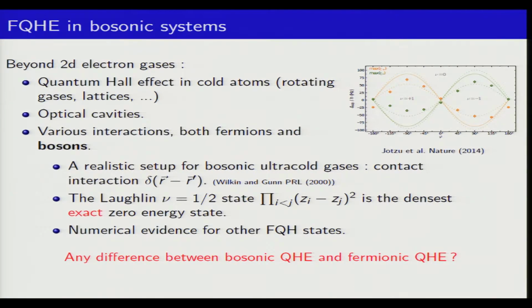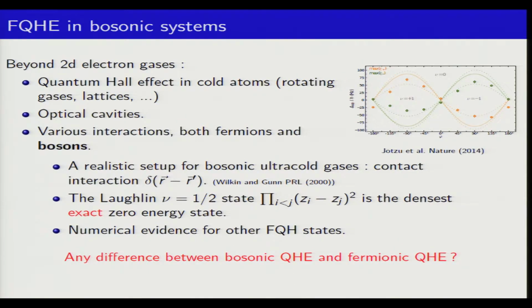But there are proposals beyond electron gases. I think it goes back to the work of Wilkin and Gunn, where they proposed to realize the fractional quantum Hall effect in rotating cold atom gases. There are also now proposals in lattices, and even if people haven't yet reached the fractional quantum Hall effect in cold atoms, they have recently realized the Haldane model, which is the analog of a Landau level, just with 2 bands and a non-zero Chern number for each band.